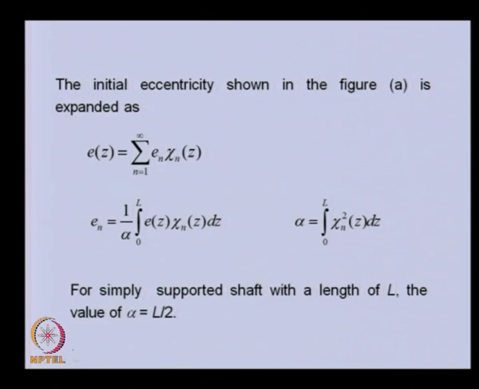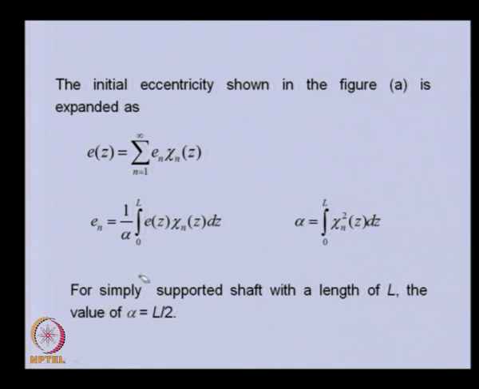Coming to the initial eccentricity which we have shown in figure A, the first figure, we can express that in terms of an infinite series in the form of some constant and the eigenfunction. This constant, as we have already seen earlier, can be expressed like this, where alpha will be given by this.